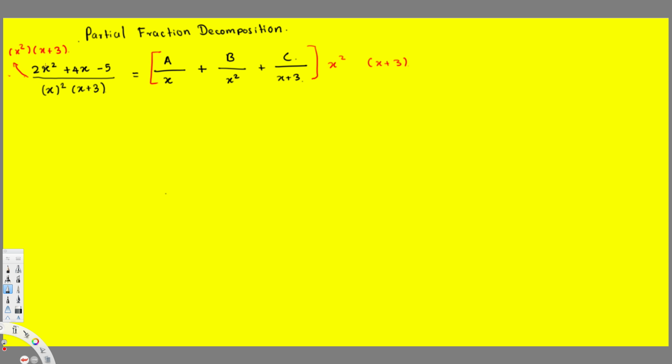If I do this side, this will cancel the bottom, and if I do the other side, the bottom will cancel and we will have some values on the top.